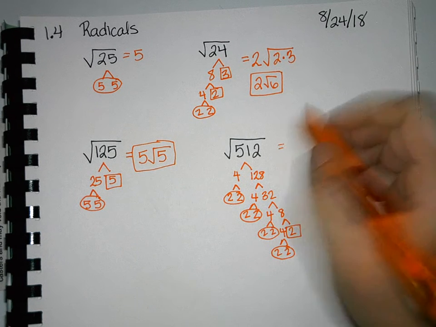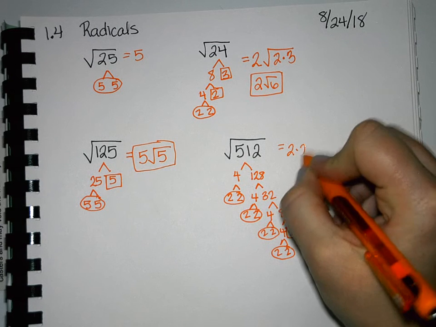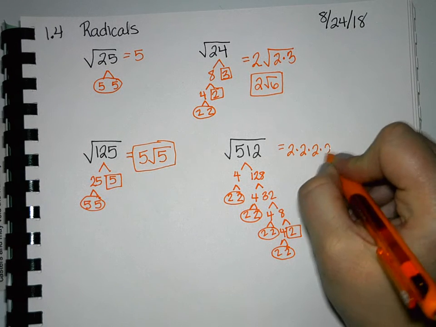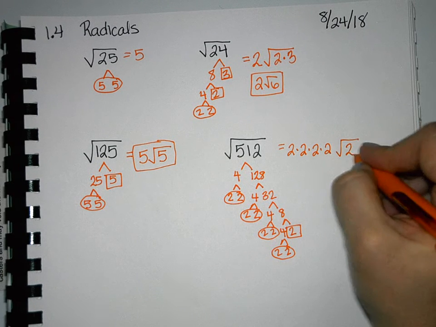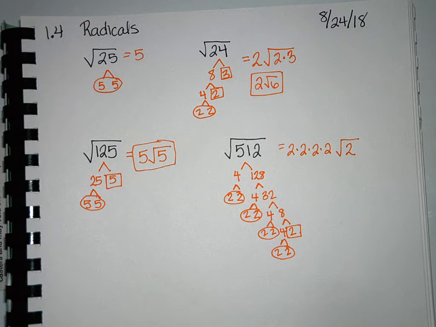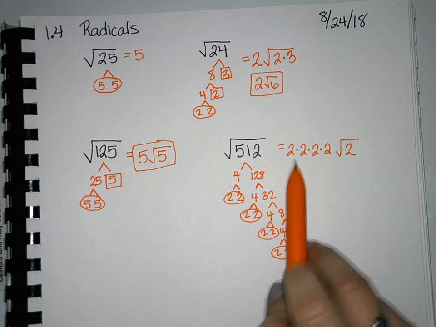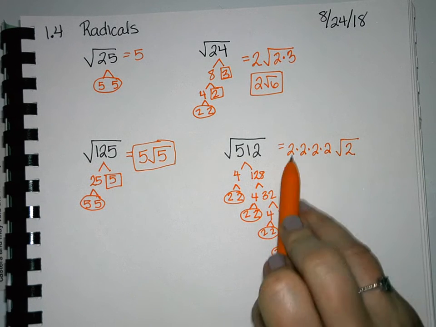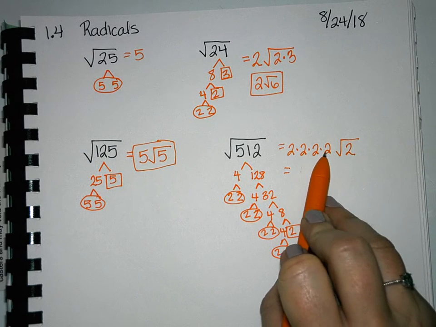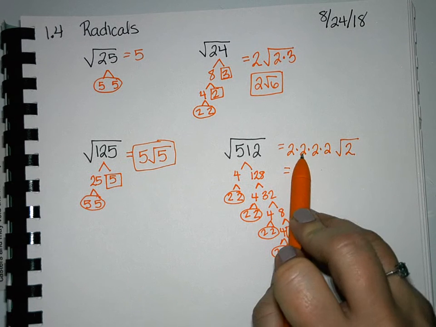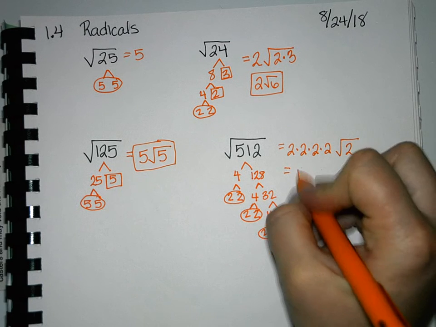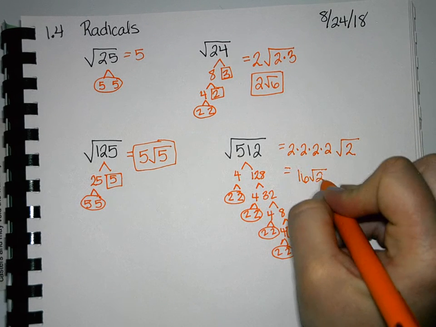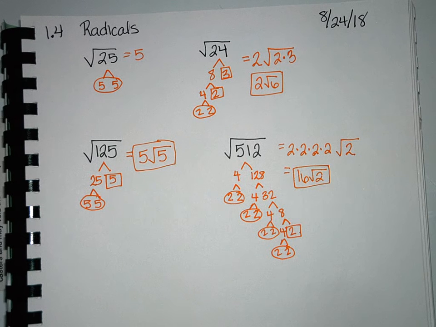So that means I have to put a 2 for each one of those pairs outside, and inside will go the one thing that did not pair off. Last thing we want to do is multiply the 2s on the outside together. So 2 times 2 is 4, times 2 is 8, times 2 is 16. So 16 root 2 would be your final answer.